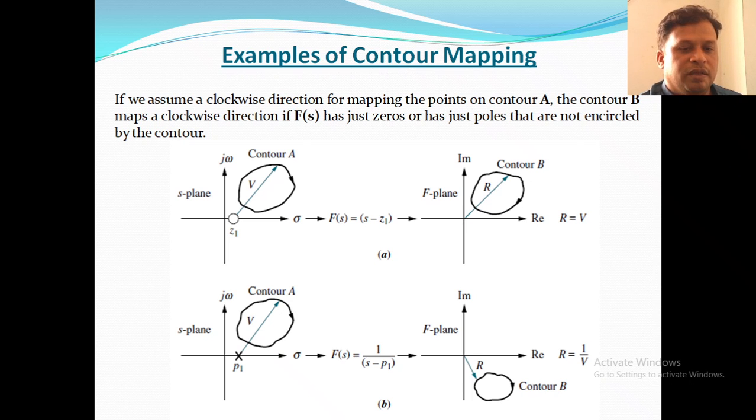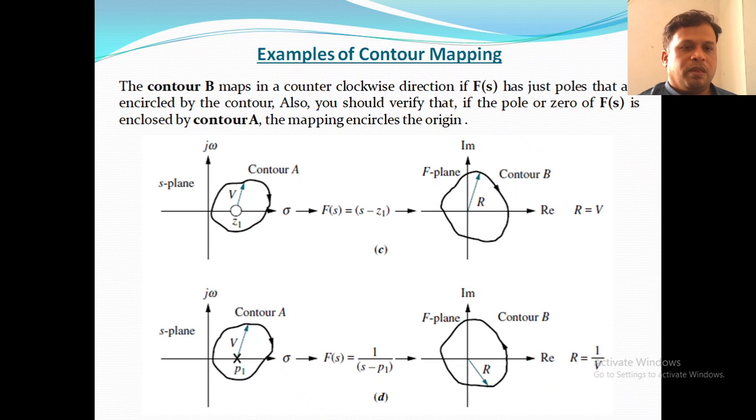Then contour B maps in a counterclockwise direction if f of s has just poles that are encircled by the contour.